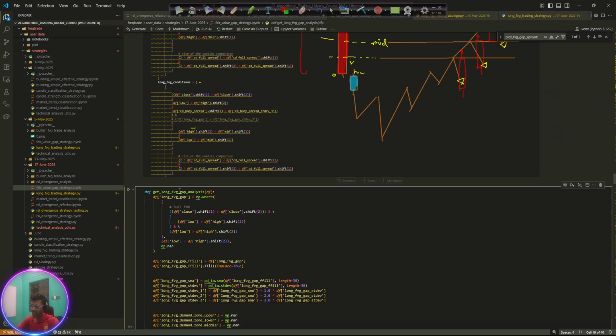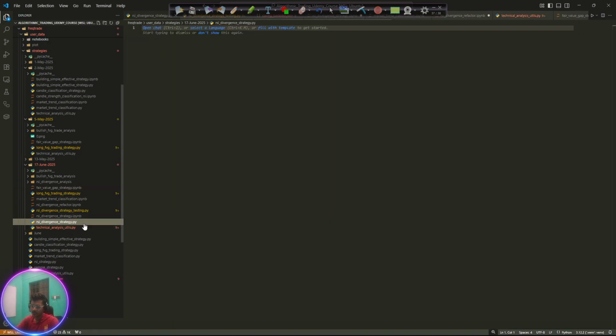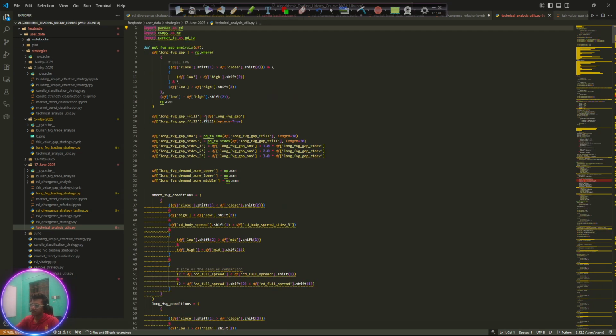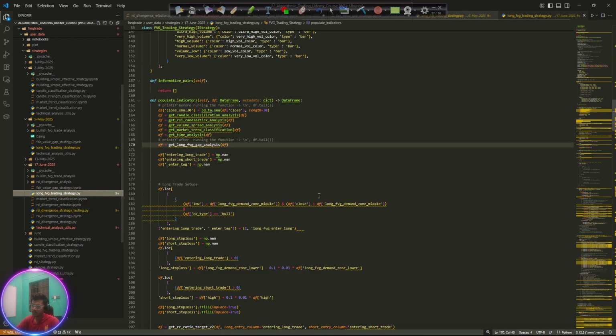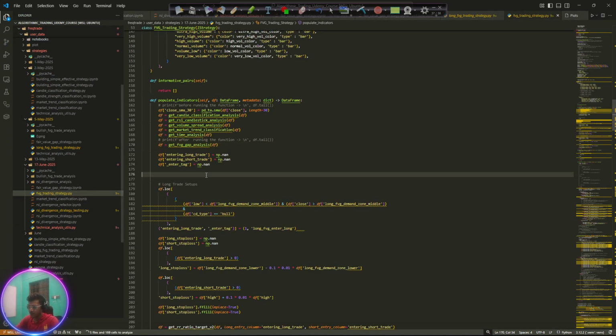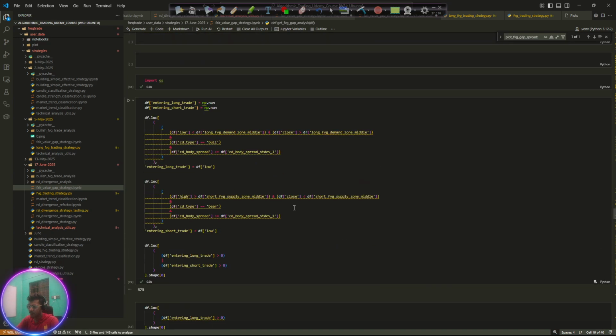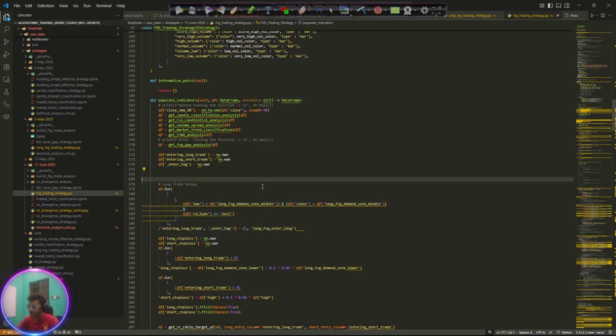I'm gonna name it as get fair value gap analysis instead of just long. Go there, here, change the name. Here is gonna be FVG trading strategy. So this is my long condition, right?